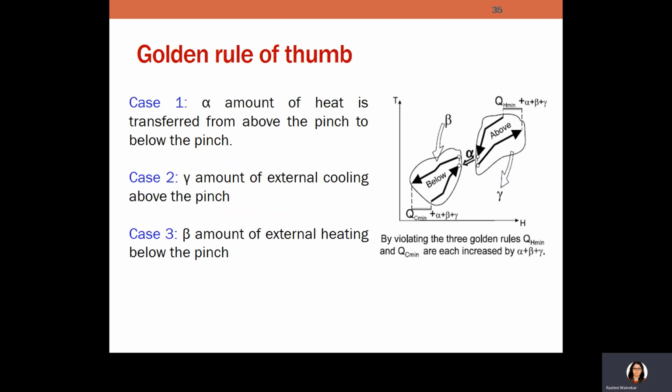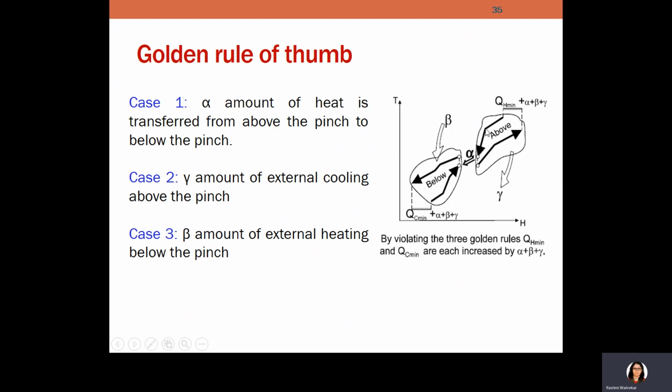So we need to remember the three golden rules. You cannot transfer energy from above the pinch to below the pinch. Suppose alpha amount of energy is transferred from above the pinch to below the pinch. So what will happen? Because you're doing an energy balance, and here everything is balanced. If some amount of heat flows from here to here, then there is a shortage.